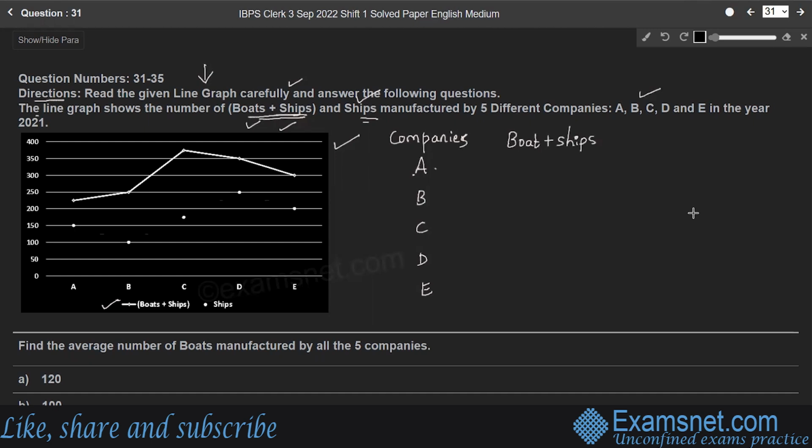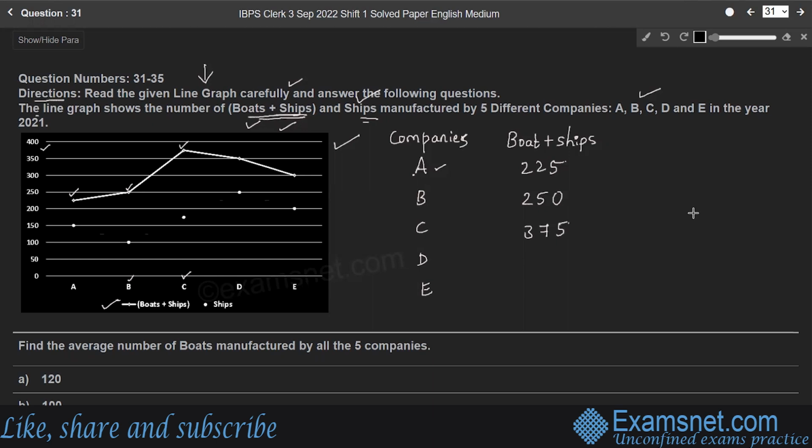So according to the line graph, there are 225 boats and ships together manufactured by company A. Boats and ships prepared by company B is equal to 250, whereas boats and ships together prepared by company C is 375, exactly between 350 and 400.